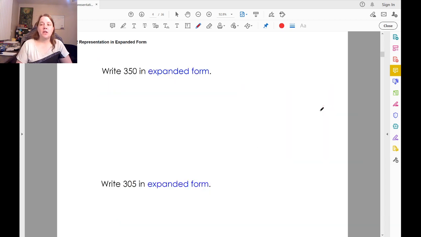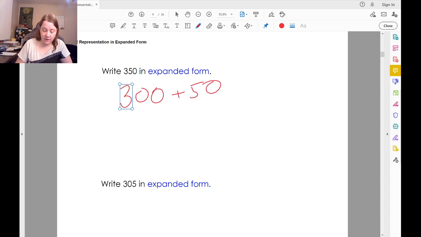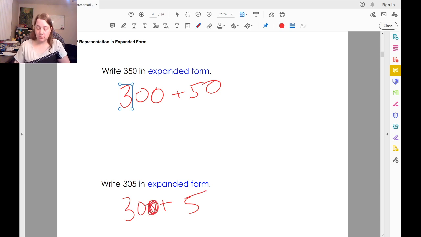Now, let's go ahead and write 350 in expanded form. That's 300 plus 50. 305 is different. That's 300 plus 5. You might notice here that we don't have anything in the ones place. We could put plus 0.